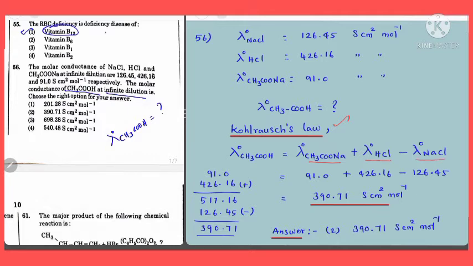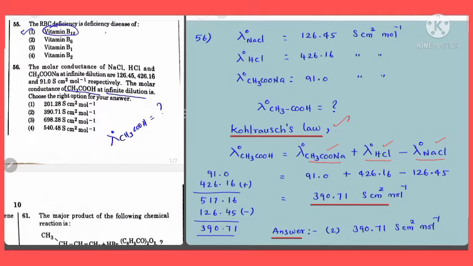So the molar conductivity of a weak electrolyte can be calculated by appropriately adding the molar conductivities of strong electrolytes. Here, acetic acid molar conductivity at infinite dilution is calculated with strong electrolytes like sodium acetate, hydrogen chloride and sodium chloride. Now I have substituted the values here, and I am getting about 390.71 Siemens centimeter square per mole.